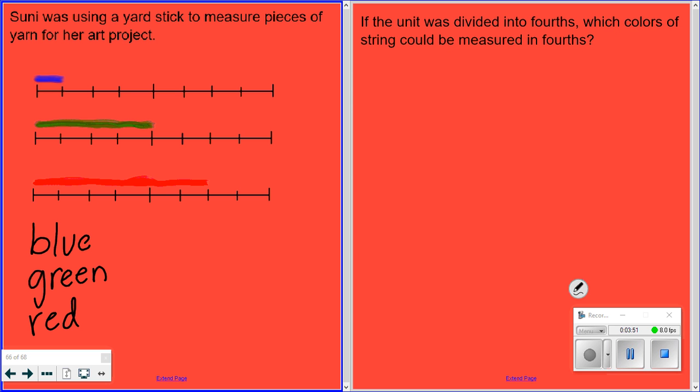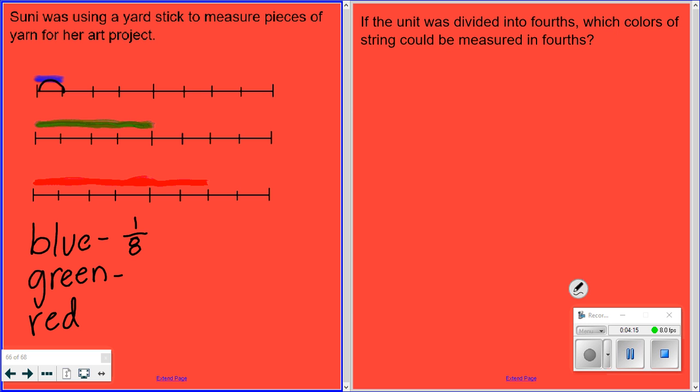So when I just counted, I was counting by 8. That tells me that my denominator, Jackson, is 8. Now we need to go back and see how many jumps was blue. Let's count. Ready? 1/8. Blue is just 1/8.